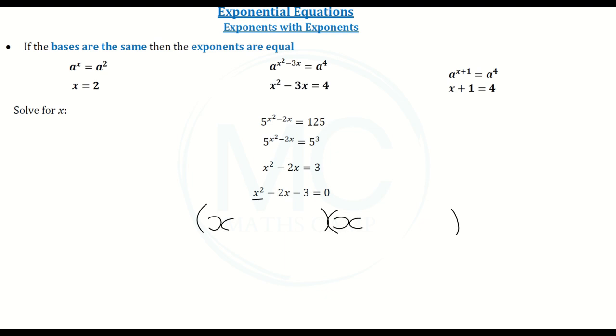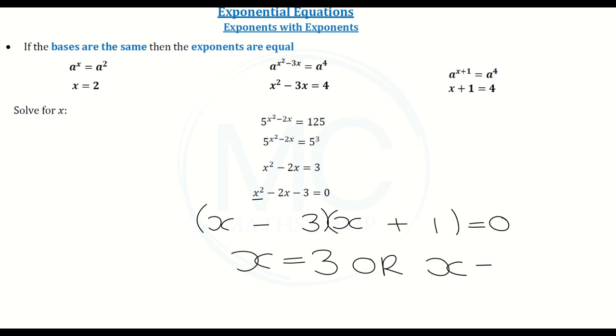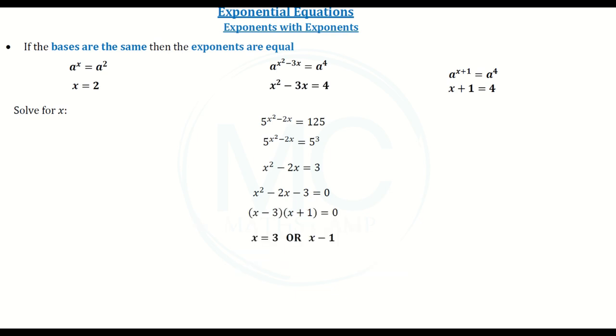We have a constant of 3, so we have 3 and 1. 3 is negative, which means we're going to have negative 3 and positive 1, which is equal to 0. So from this, if x minus 3 is equal to 0, x is equal to 3. Or if x plus 1 is equal to 0, then x will be equal to negative 1. Let's do another example.